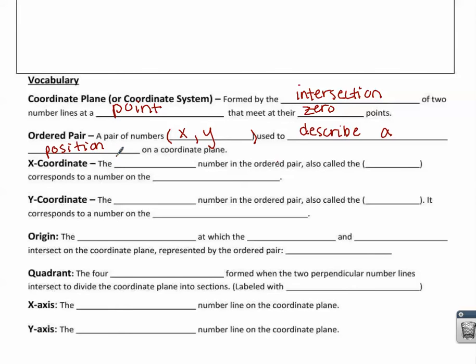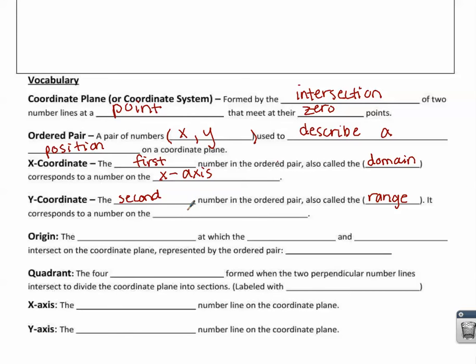The x-coordinate is the first number in the ordered pair, also called the domain, and it corresponds to the x-axis. The y-coordinate is the second number in the ordered pair, also called the range.